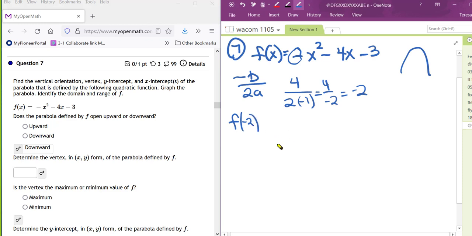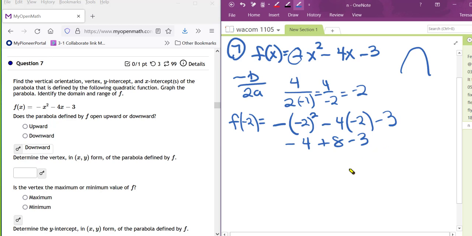And so that gives us, do your exponent first, which will give us 4, and bring this down. This will make a plus. So we have 4 minus 3 is 1. So our vertex is negative 2, 1.